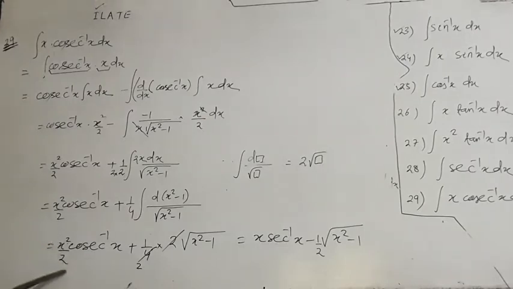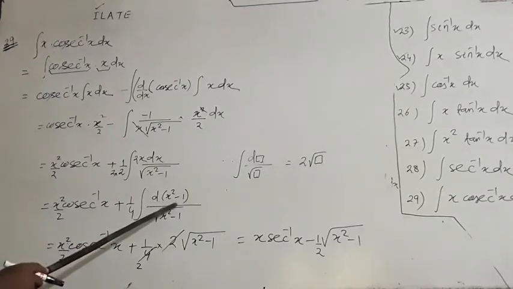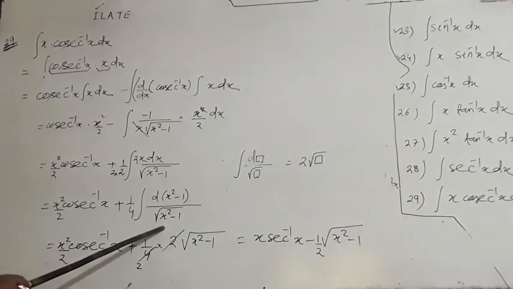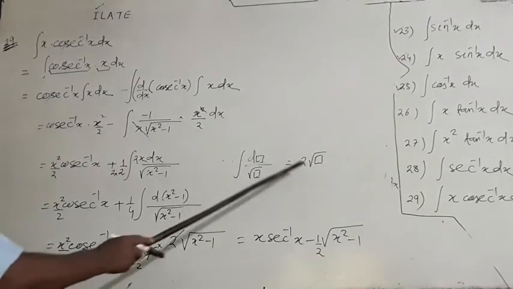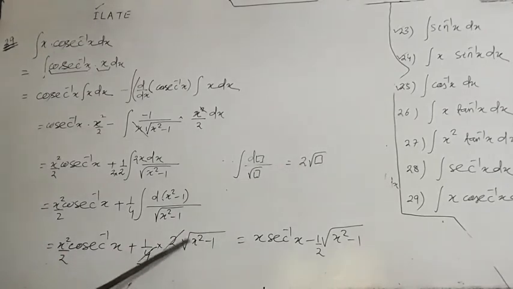Now x square by 2 cosec inverse x plus 1 by 4, the derivative of x square minus 1 over root over x square minus 1. And you know we have a formula: d of root over box is by 2 root box. So 2 root over x square minus 1 in the denominator, and they cancel, it becomes 2.